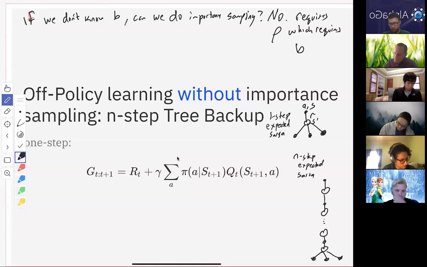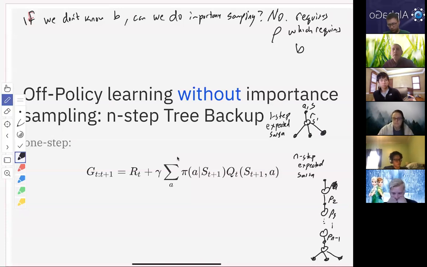So we would have a rho 1, a rho 2, a rho 3, all the way down to here, a rho n minus 1. And then unlike in n step SARSA, in the n step expected SARSA, our very last step, we won't use importance sampling. We'll just use our expectation, our weighted average.